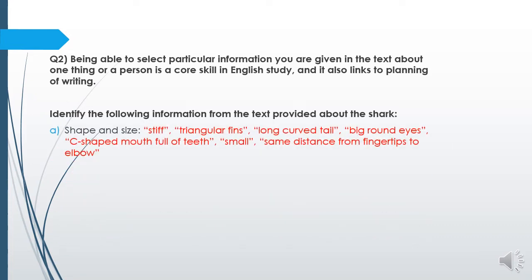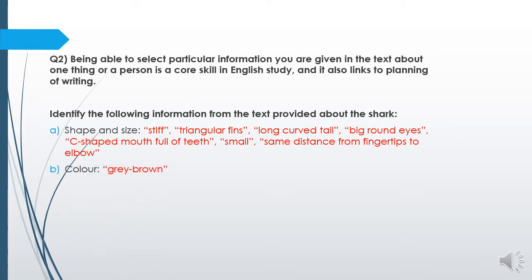About its shape and size, the shape at the bottom of page 32. The first square to the left is size and shape. And these words indicated in the text are about its size and shape: stiff, triangular fins, long curved tail, big round eyes, C-shaped mouth full of teeth, small, same distance from fingertips to elbow when he wants to measure its size.